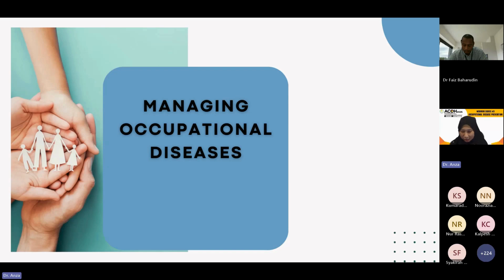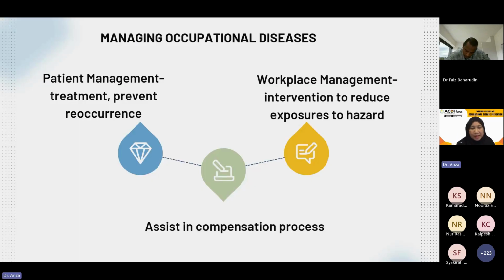So why did I go into details of how we diagnose an occupational disease? Because without accurate diagnosis, we cannot manage occupational disease effectively. In occupational health, the principles are the same: we manage the person, the employee, and we manage the workplace.